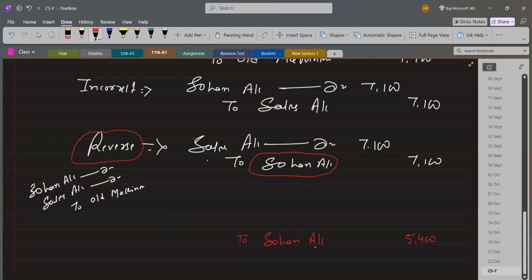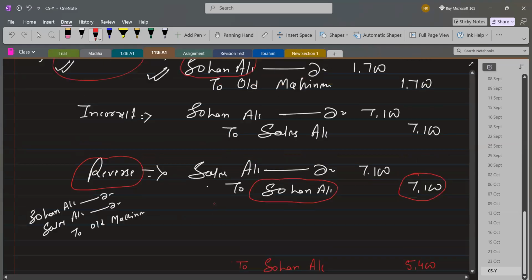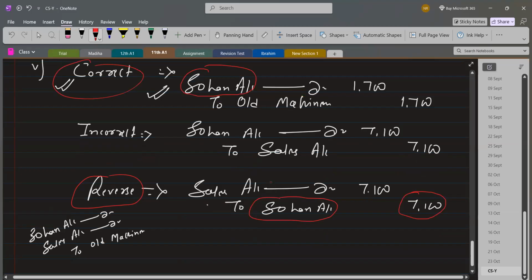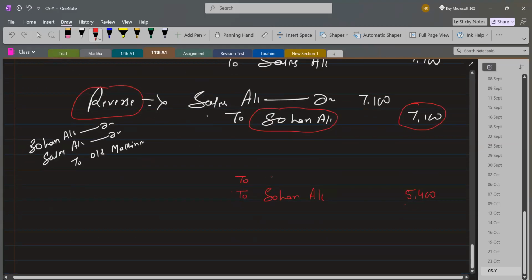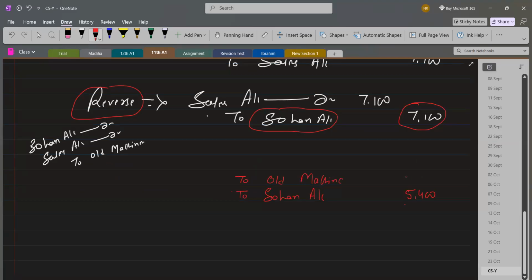Okay, so Sohan account will be on the credit side because you can see the amount is higher on the credit side. After that, old machine is also on the credit side, so we will write old machine, 1700. And sales is on the debit side, 7100.